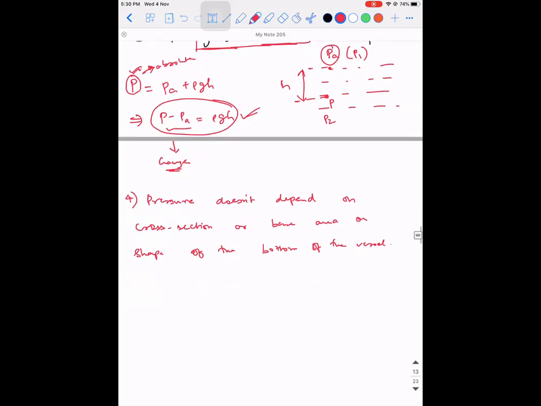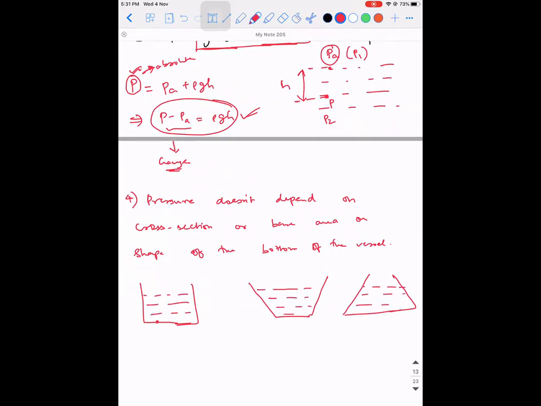The meaning of this is, whether I have a rectangular tank or I have a shape like this or I have a shape like this, if I need to calculate the pressure at the bottom, then in all the three cases, if the level of the liquid is the same, if it is H, then P1 will be equal to P3.